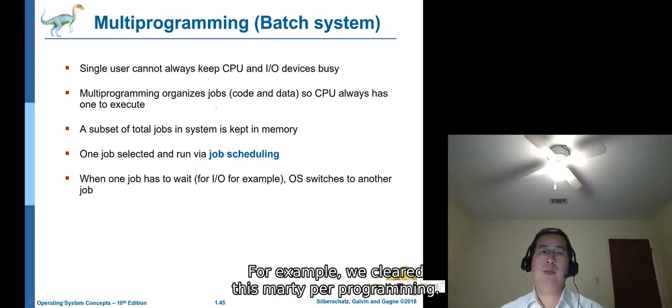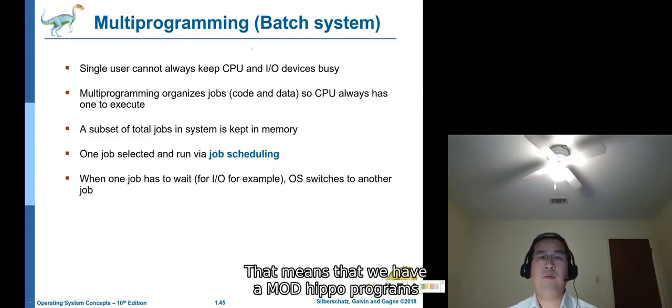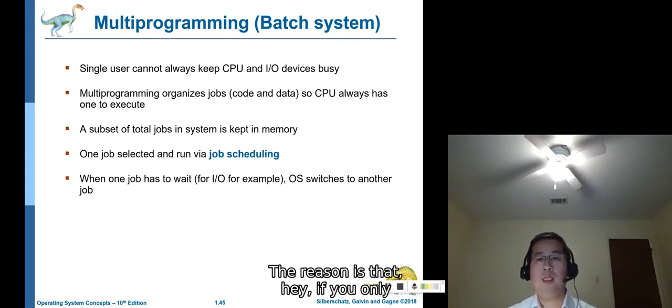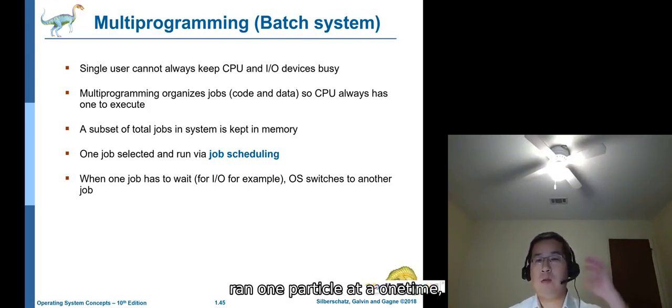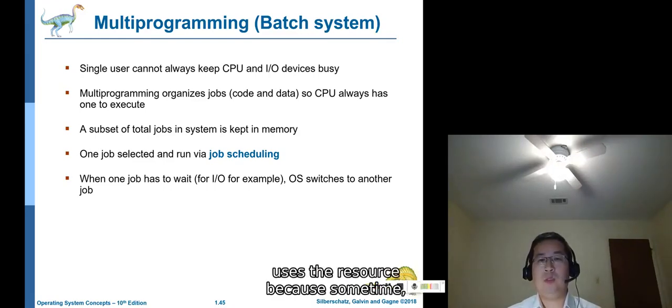So let's look at multi-programming. That means we have multiple programs running at the same time in the system. Each time we don't only run one task. The reason is that if you only run one task at a time, it is a very wasteful way to use the resources.